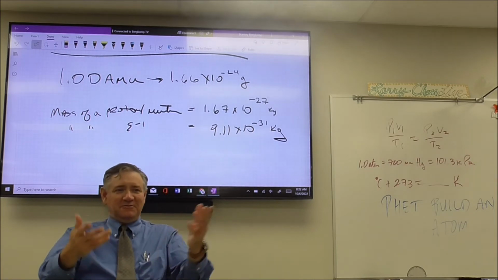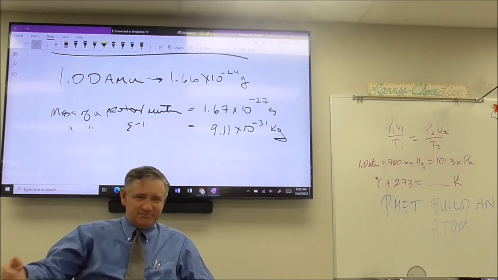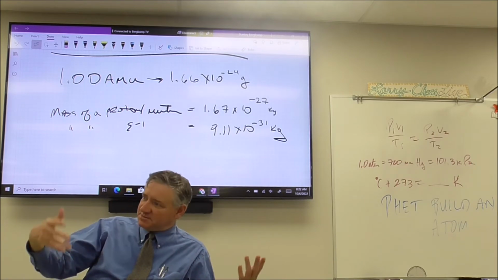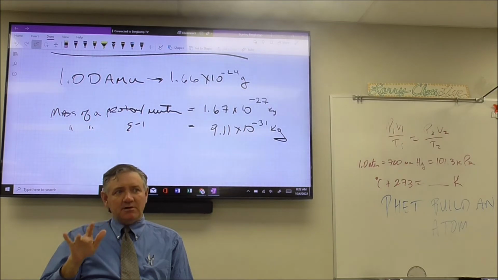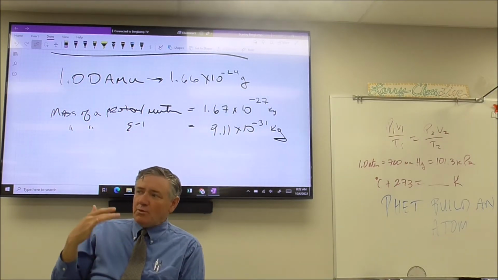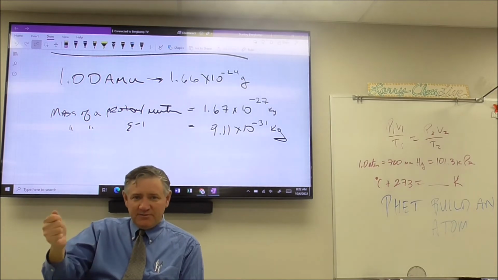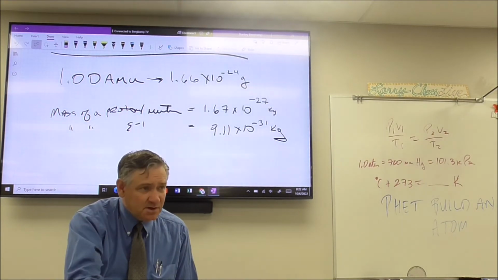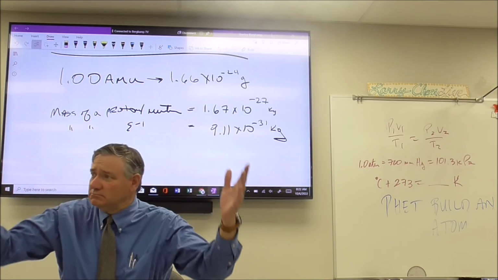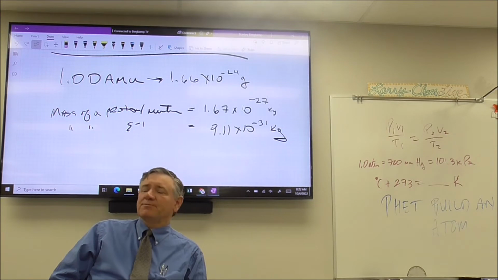We'll grab it, put it on a scale. Boom, it weighs a certain number of pounds or grams or kilograms. But when you're dealing with subatomic particles, we can't grab an electron with a pair of tweezers, put it on a scale, and go, oh, here's the mass of an electron. Because it's so incredibly small.